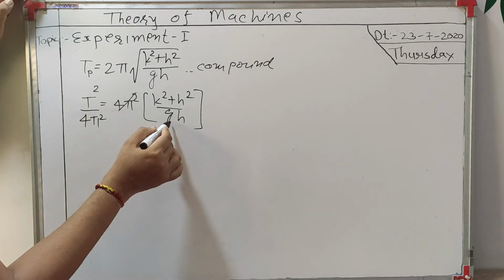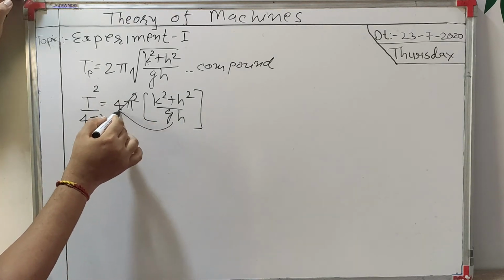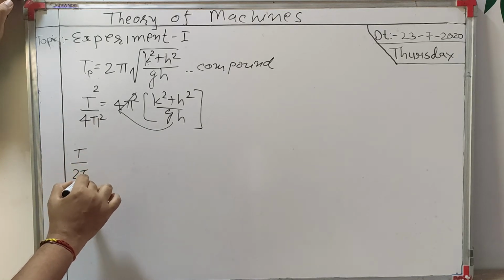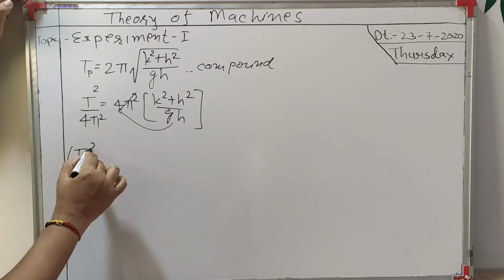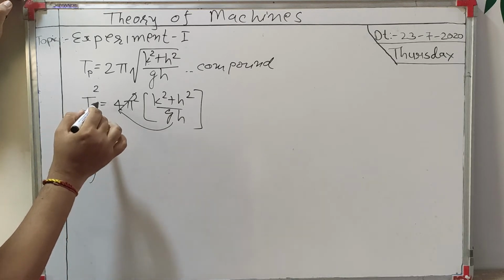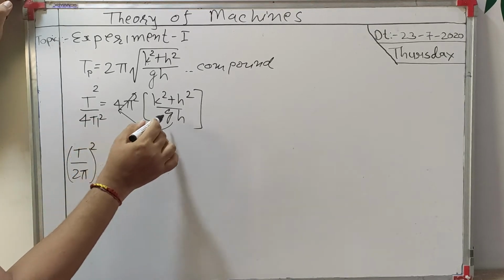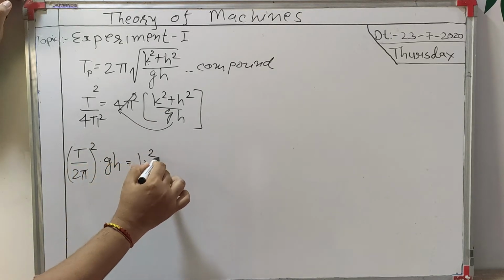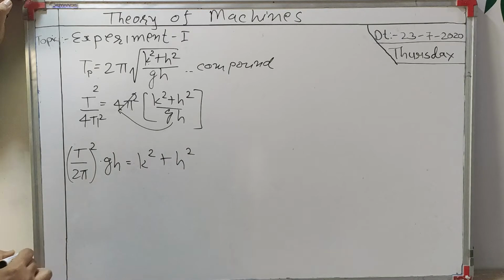Similarly, let us transfer gh to the other side, so gh is equal to k square plus h square.